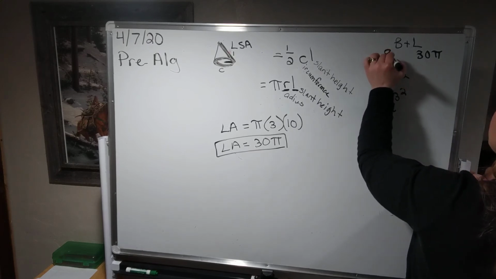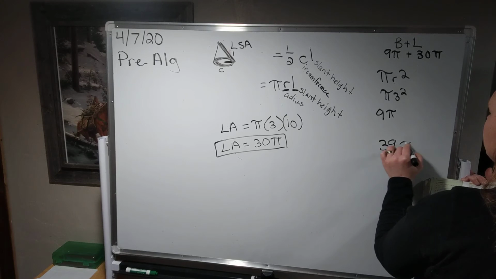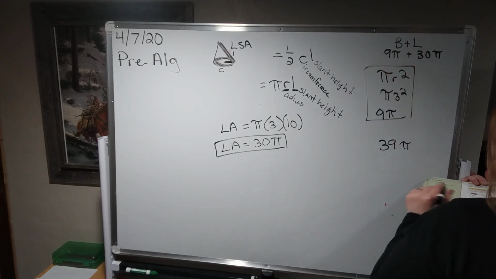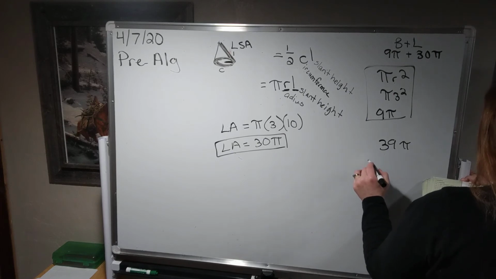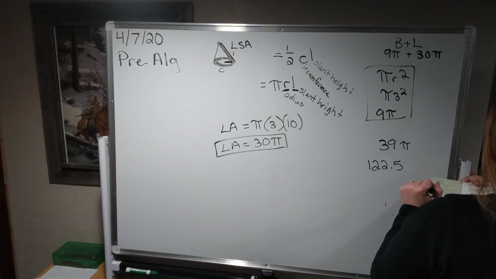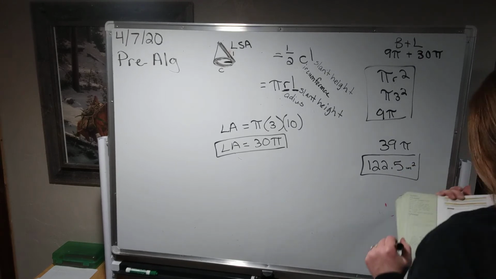So we come back up here and we put it in. 9 pi plus 30 pi equals 39 pi. And if we put that in our calculator, then we should get 122.5. Okay? And that would be units squared because we're finding area.